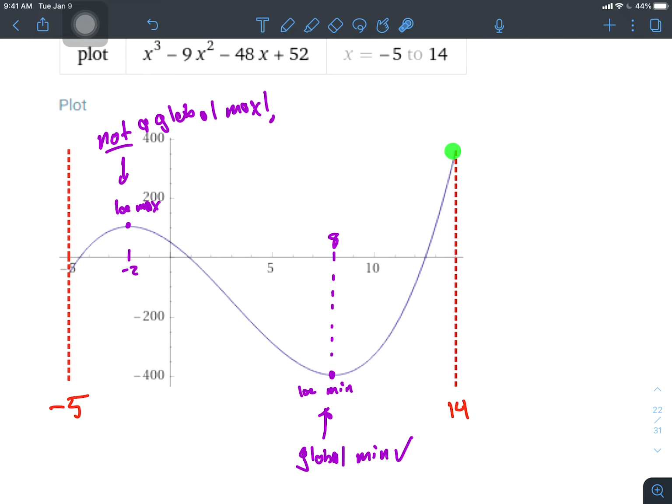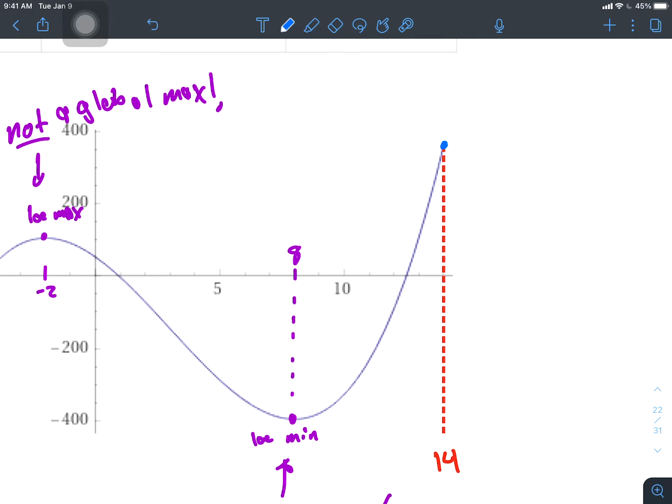Yeah? How would you tell though that the point at 14 is a local max if that function is cut off at that point? Well, it's not necessarily going to be a local max, because we wouldn't be able to check what's happening on the right side of it. Is that your question? I was wondering how you could tell from the picture that it was a global max, because you can't see the entire curve at that point.